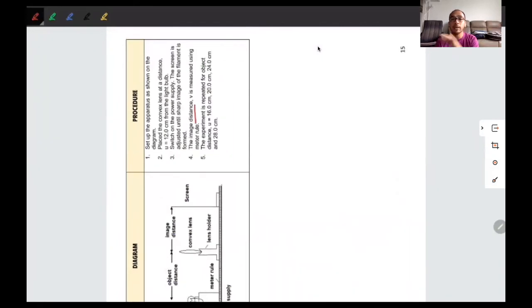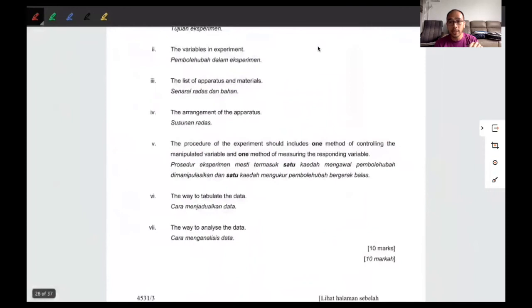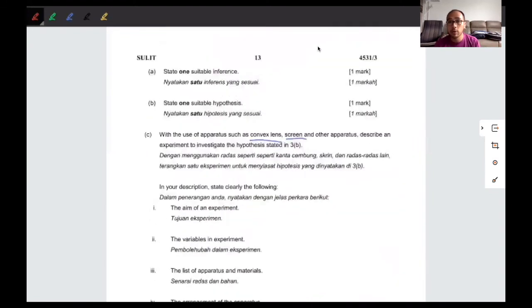Same experiment, just change the word image distance to image height. These two questions, image distance and image height, have been asked in different trial papers in previous years and also in SPM. Both questions have been asked before, in SPM. So please take note of this. There is a difference in the variables, but the experiment is exactly the same.